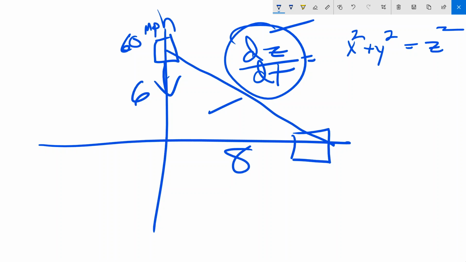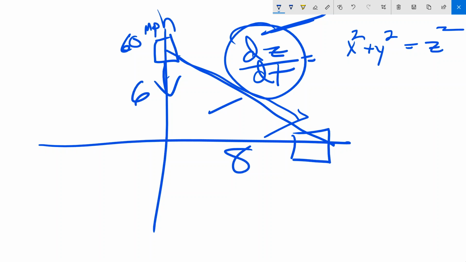And we happen to know what z is and what y is and what x is. So we can end up solving for the actual speed of the robber's car without measuring it. What we're measuring with this dz dt is the separation between the cop car and the robber's car. That doesn't give you the speed of the robber's car.